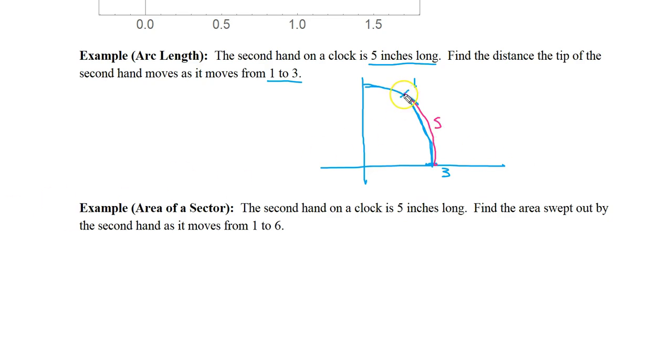Well, we have to find out what that angle theta is. If we put the number 2 in here for the clock, we can easily see that this angle is going to be 60 degrees, or 1/6 of pi over 2.